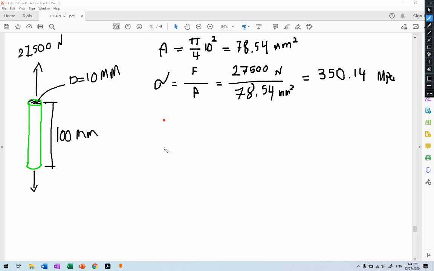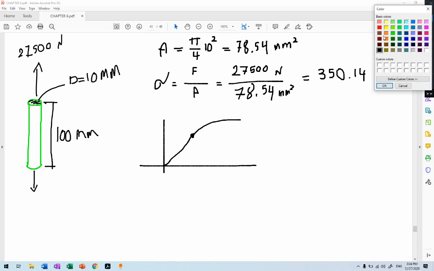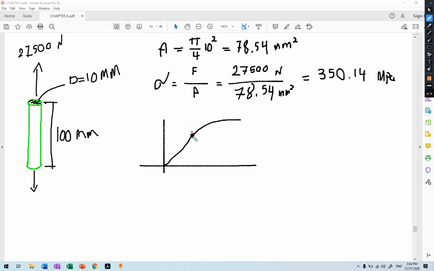Since we know that yield is the place that, well, let's say this is yield. So we know that stress more than yield will be in the plastic zone.